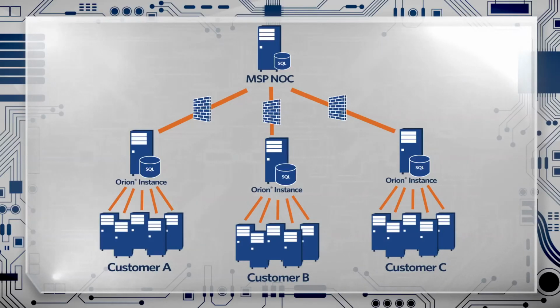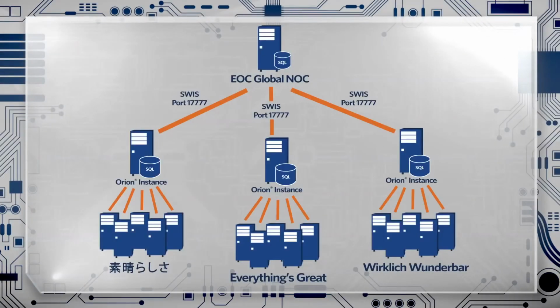So that's another case. So in either of these cases, the EOC would give them a way to view all of their elements in all their environments, correct? That's right, in a really efficient way. So you're really thinking of it the right way. Think of it as an Orion of Orions, or Orion platform of Orions, right?